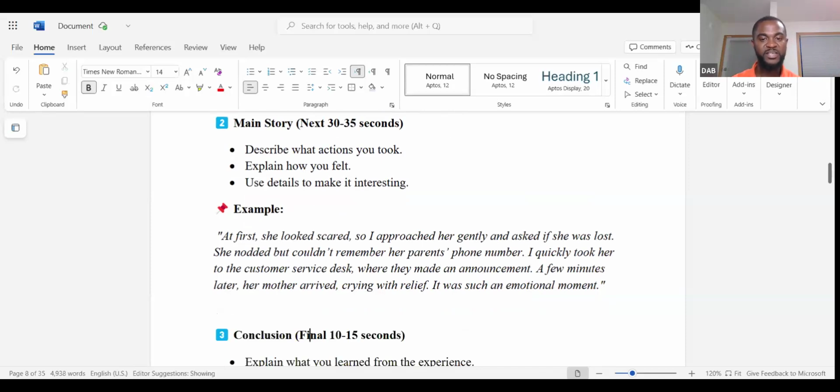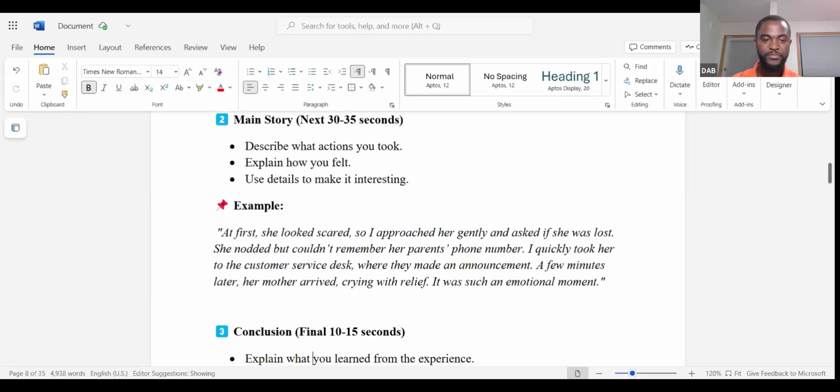So I approached her gently and asked if she was lost. She nodded but couldn't remember her parents' phone number. I quickly took her to the customer service desk where they made an announcement. A few minutes later, her mother arrived, crying with relief. It was such an emotional moment. That is the main story.